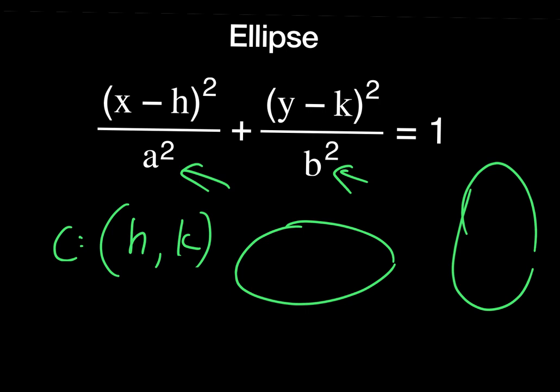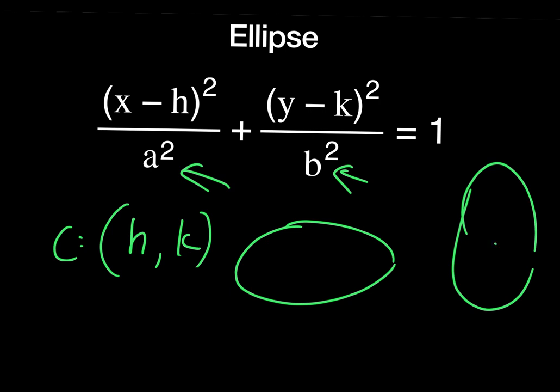I know, it's a sketch. Horizontal means that it's along this line. It's longer in the x direction. Vertical would be longer in the y direction. And the way I can tell is it depends on which number is bigger. If the bigger number is under the x, it's horizontal. If the bigger number is under the y, it's vertical.